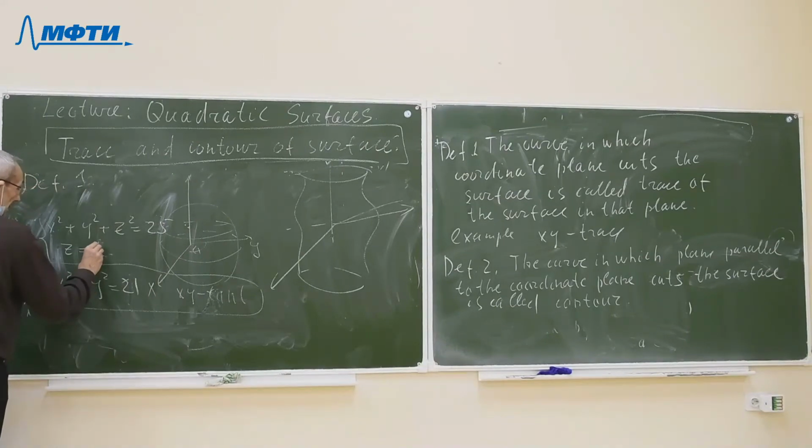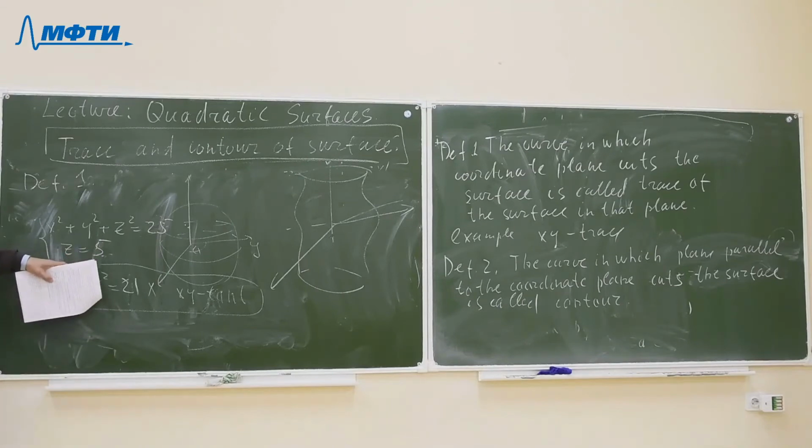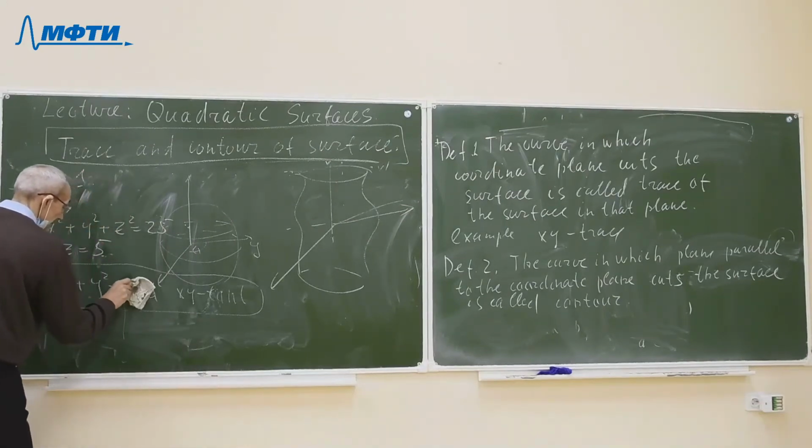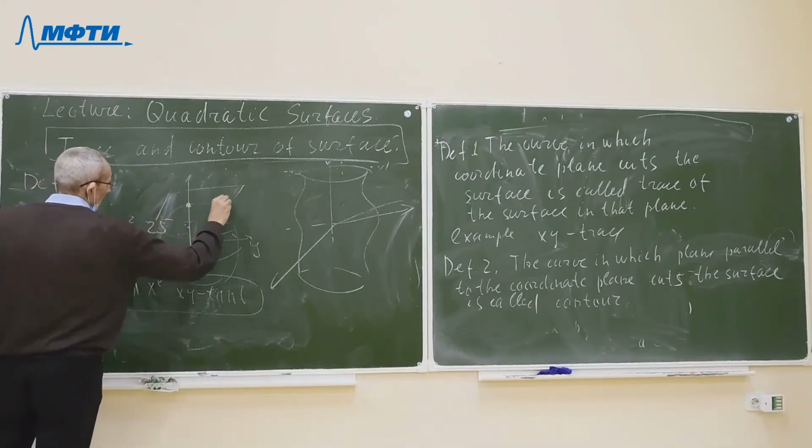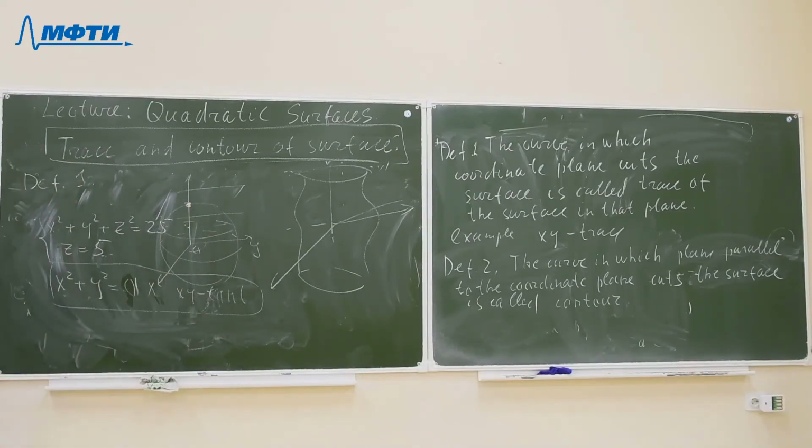In the case when Z is equal to 5, we obtain a one-point set, a circle of zero radius. And we obtain x squared plus y squared is equal to 0, and we obtain only one point of intersection of these two surfaces.